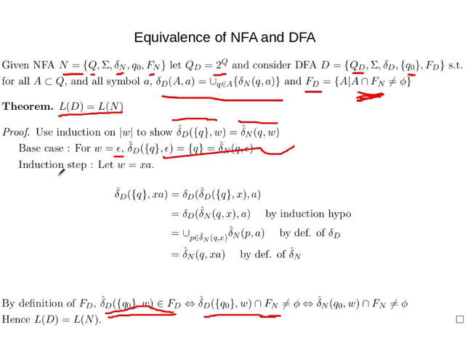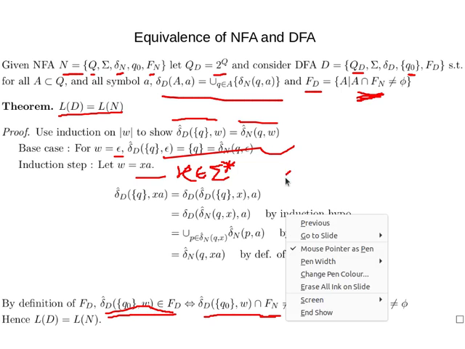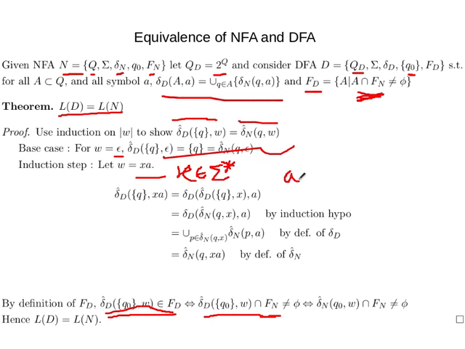And then in the induction step, you break this into, say, XA, where X is a string, so X belongs to sigma star, and A is just a symbol, so A belongs to sigma.